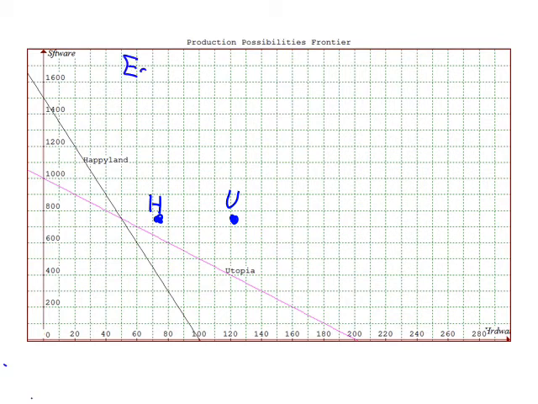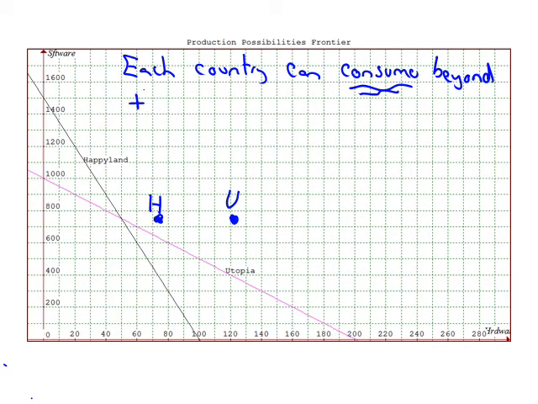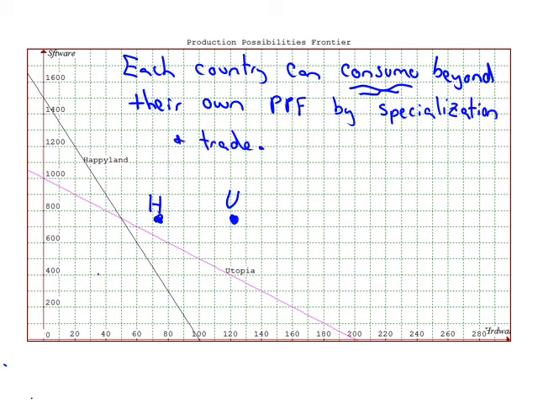So each country can consume, and I want to emphasize that it is consuming beyond their own PPF by specialization and trade. And this is at the heart of the comparative advantage theory, and it's very, very powerful.